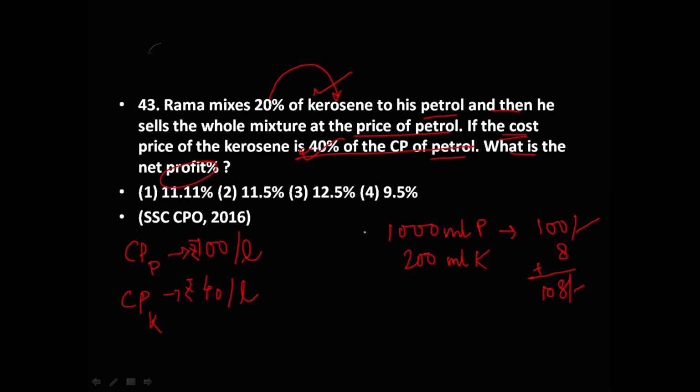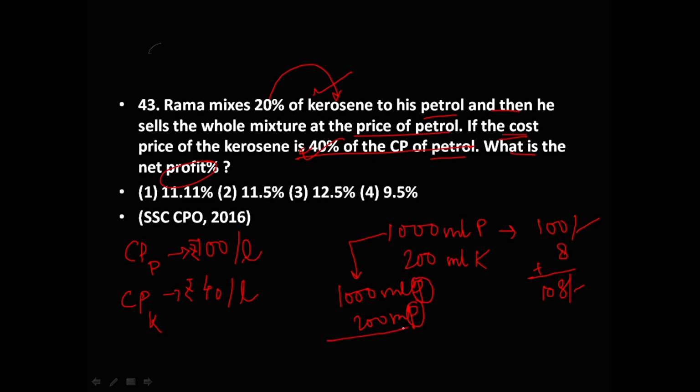At the time of selling, if it wasn't mixed and the mixture was purely petrol, then it would be 1000 ml petrol and 200 ml petrol, both are petrol, right?